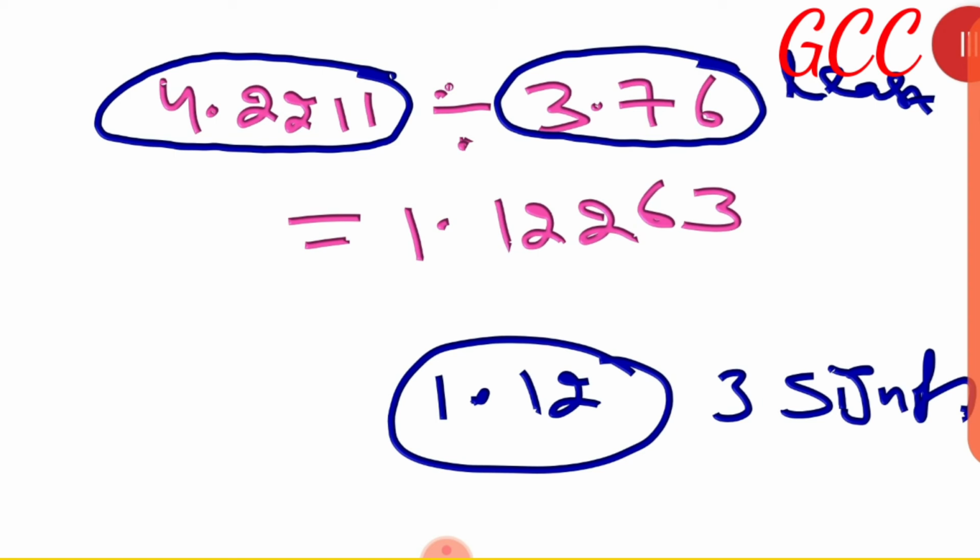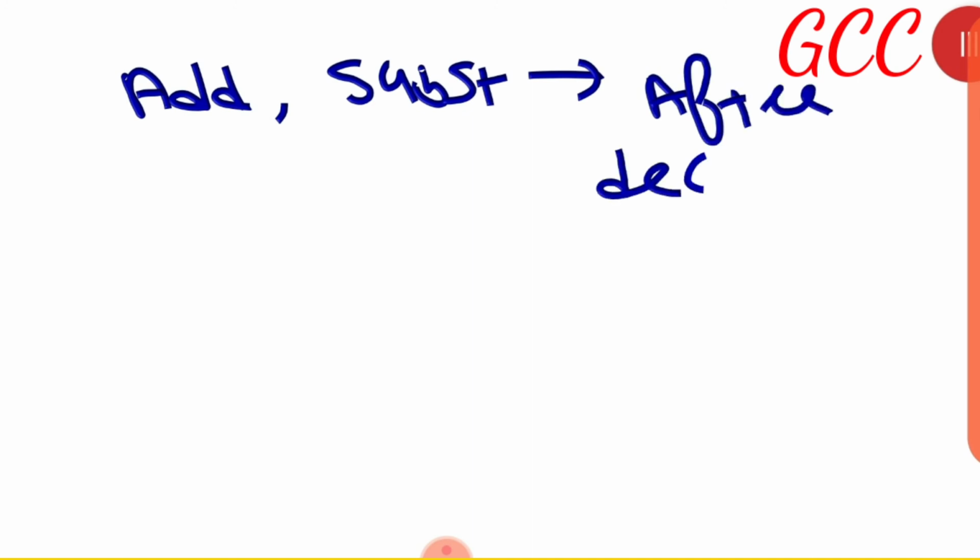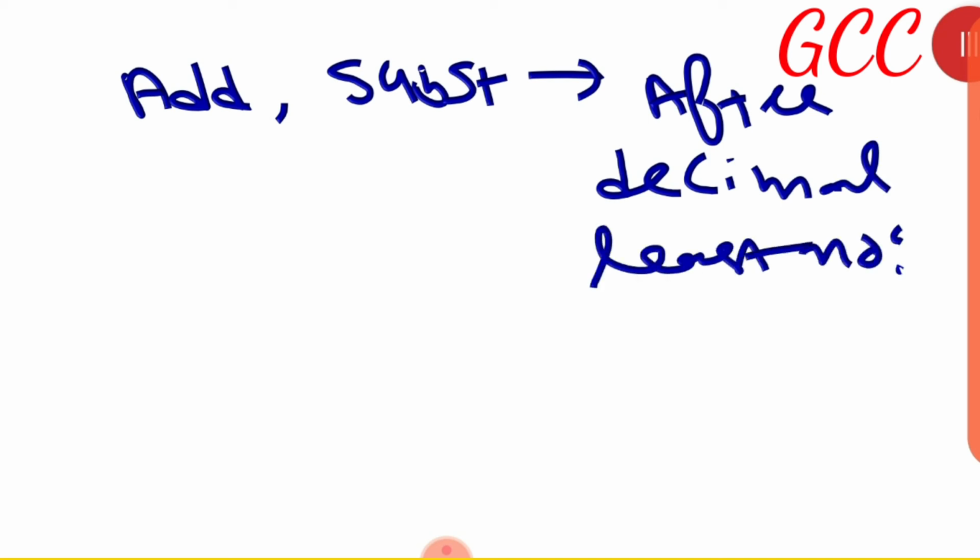Well, just remember, I can conclude also that whenever we are doing addition and subtraction, what do we talk about? Addition and subtraction, then we have to see the digits after the decimal. What do we have to see? After the decimal, the least number of digits.